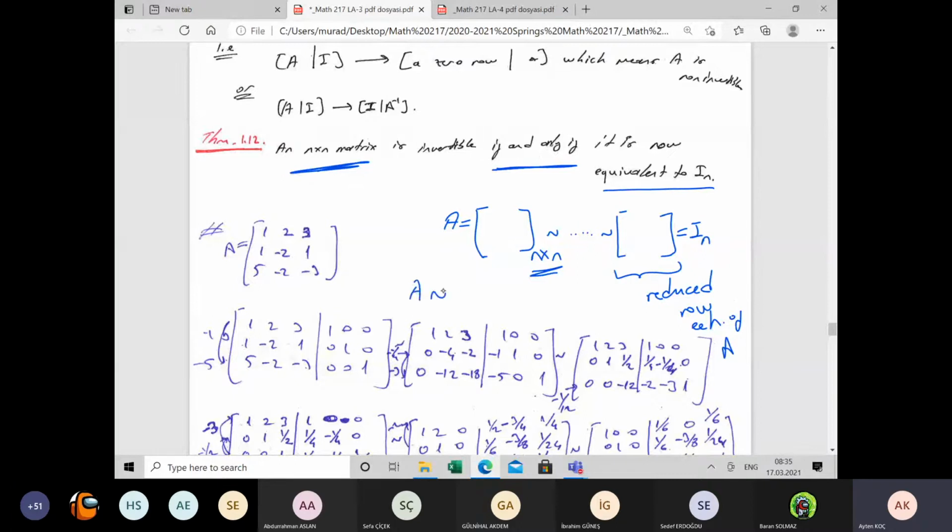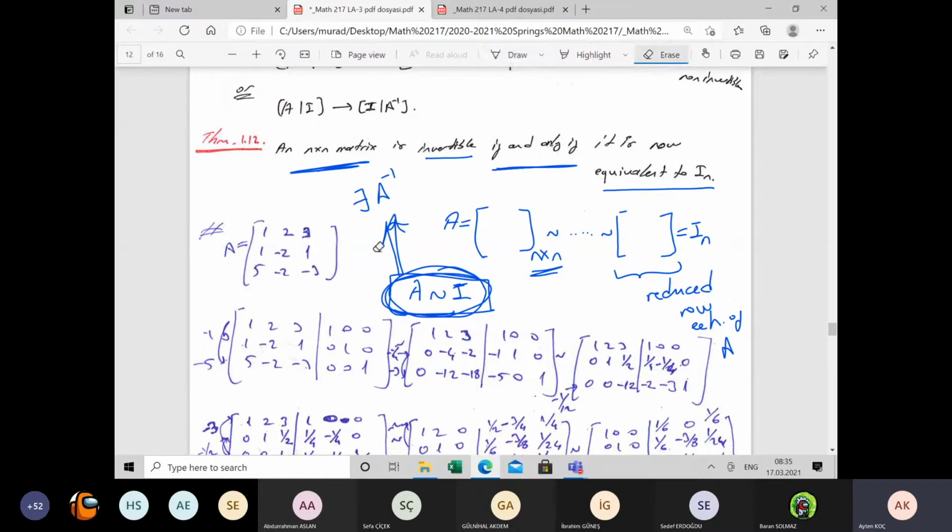So A is invertible, meaning there exists the inverse. If our matrix is equivalent to the identity matrix, then it is an invertible matrix and the inverse exists.